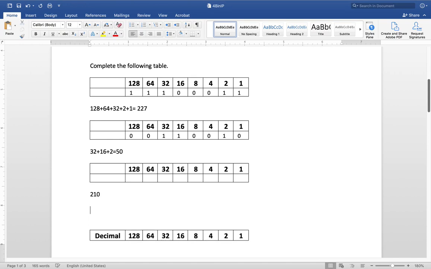All right, so first of all, what I'm going to do is start from the left side of the table and see if I need 128. So basically I need to find which of these numbers add to 210. So I have to start picking numbers so that their addition would be 210.